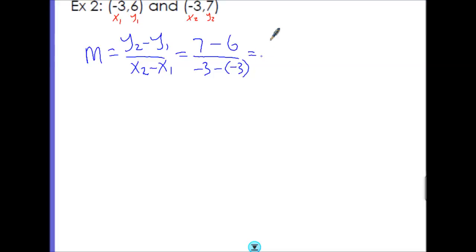Subtracting a negative is addition, so on the numerator I will have 1, on the denominator I have negative 3 plus 3, which will turn into 1 over 0. Because we cannot divide by 0, the result is going to be undefined.